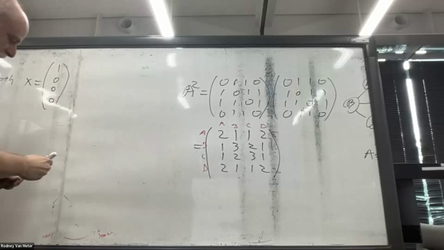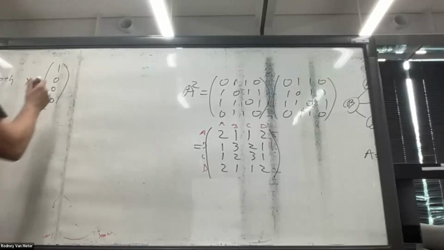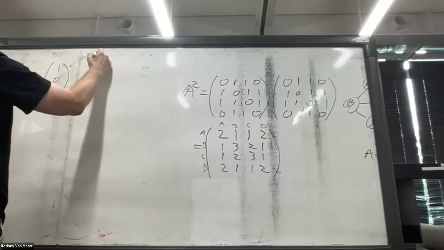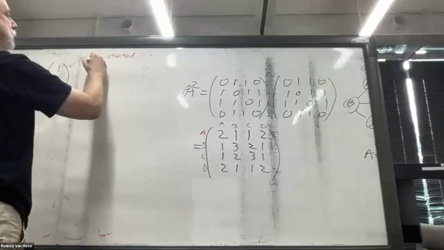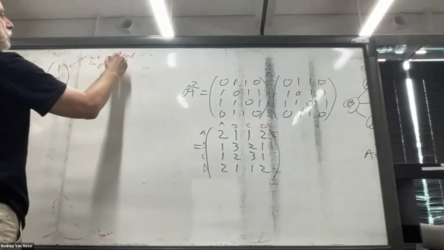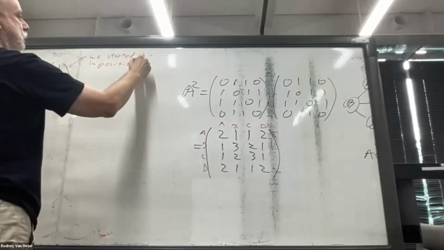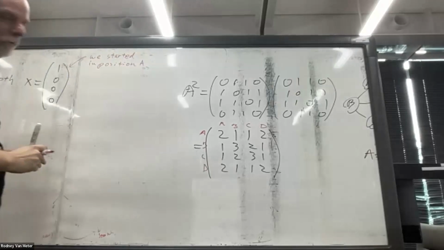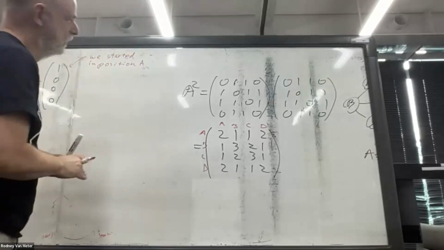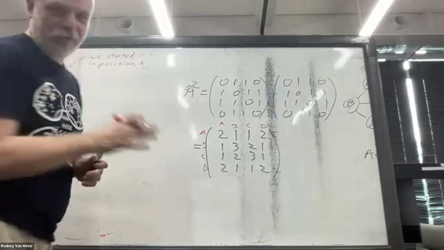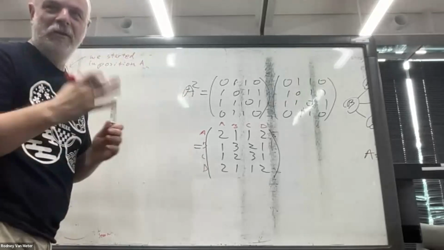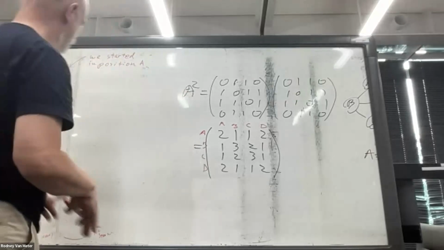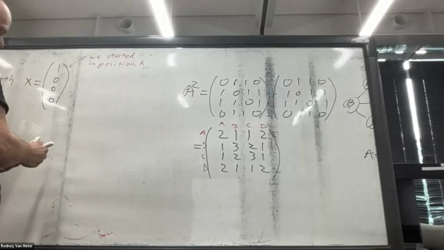That means that we started in position A. Sorry, my apologies here. We're using the capital letter A both to represent the adjacency matrix and to represent the first node in this graph. That's actually probably a poor choice. Should have been a little more careful about that.